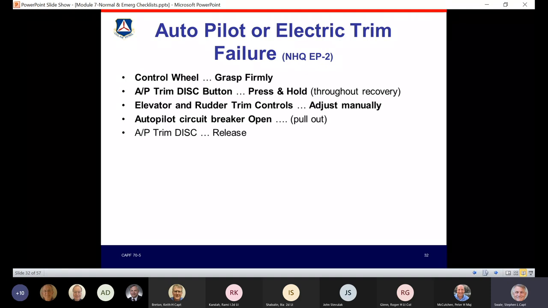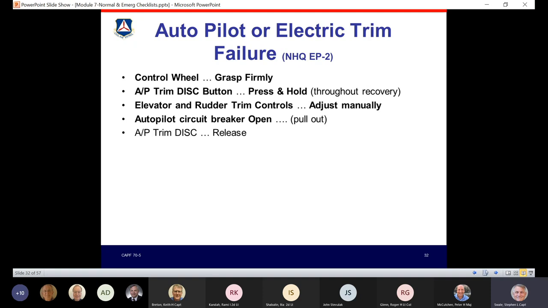It's interesting that they bother to say grasp firmly, and when I think about that, with a runaway trim situation, I'm probably really going to have to hold on to that, whether I'm pushing or pulling. Either way, I'm going to have to hold on to it.